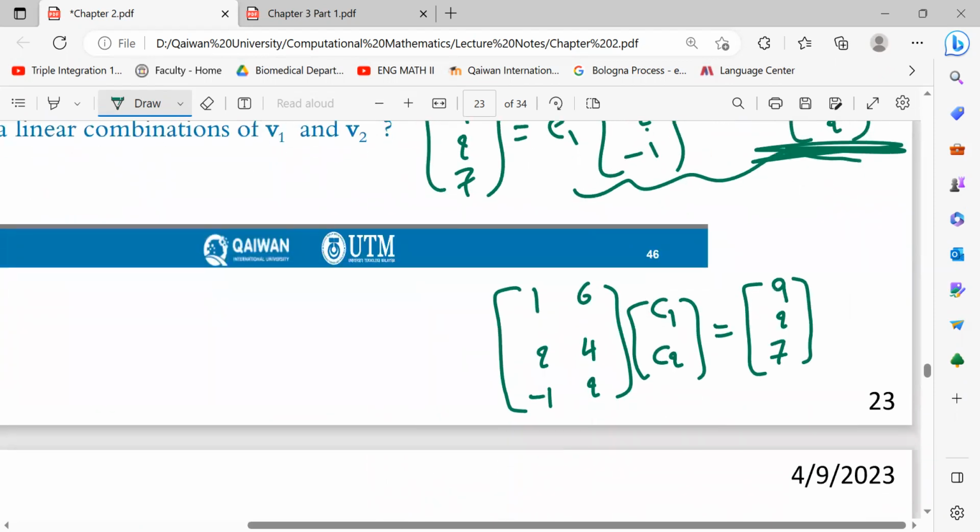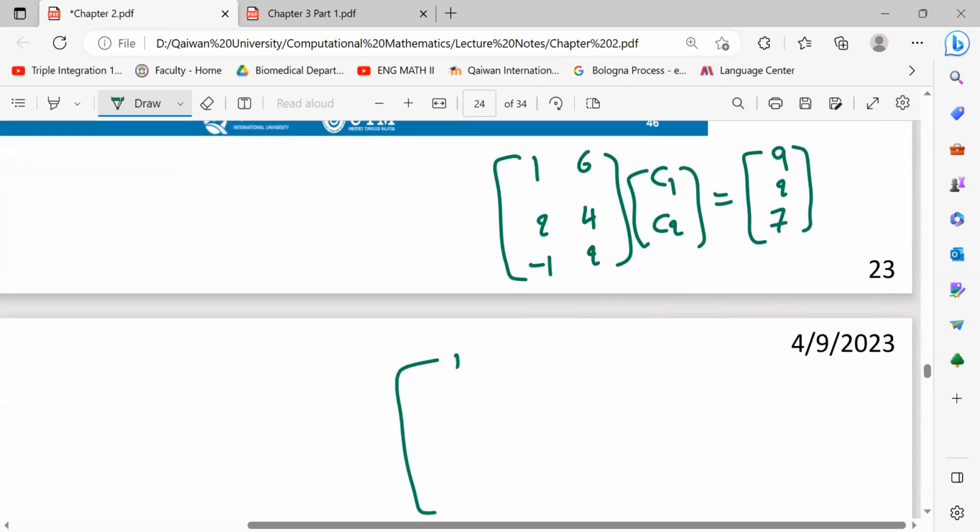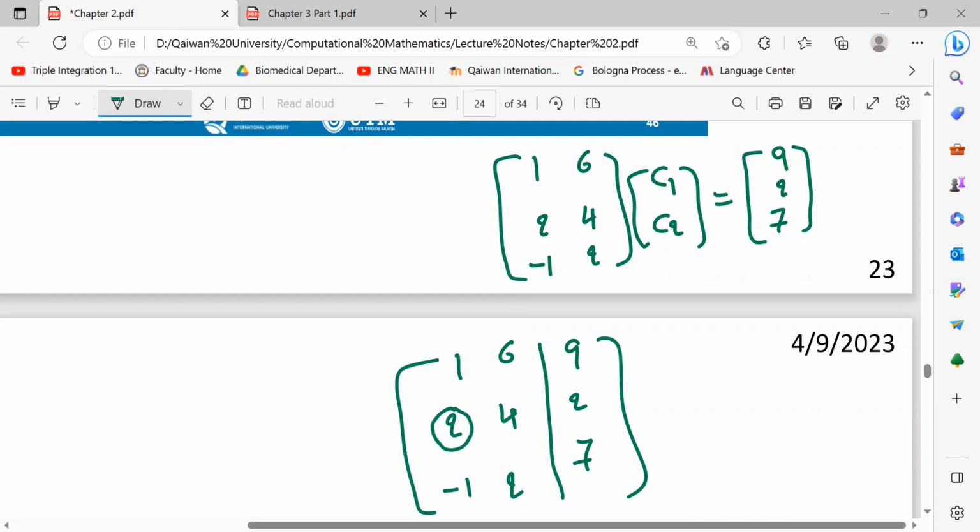How to write down the augmented matrix from this one? It's easy to write down. We say 1, 2, negative 1, 6, 4, and 2. Then we have 9, 2, 7. We write them all together, and we get the augmented matrix. Now, what do we do? We apply the elementary row operations to produce row echelon form. We need to make this 0 and this 0.